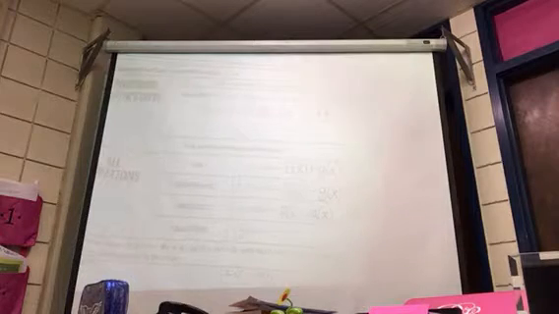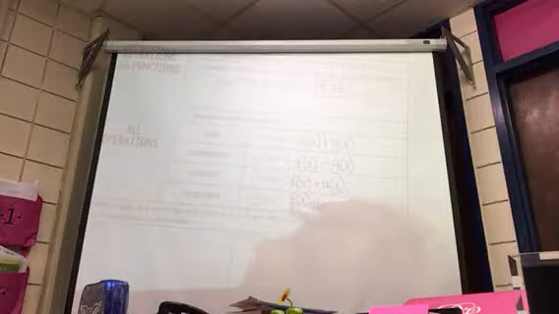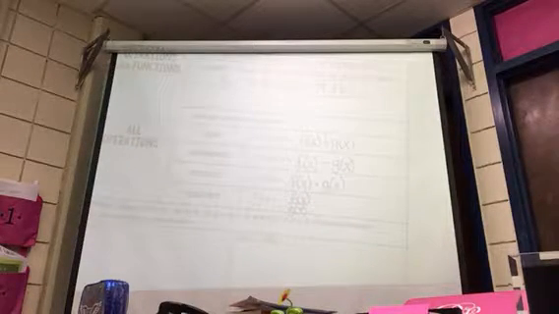So I have f of x times g of x. And for the quotient, when you are dividing, you may see that as f of x over g of x. Could g of x be 0? Can you divide by 0? So g of x cannot be equal to 0.